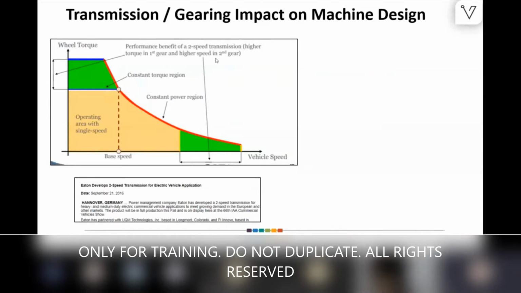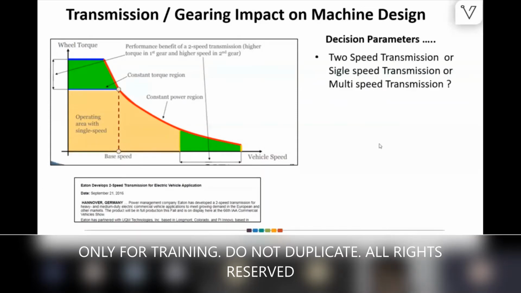Today we mostly have a one-gear system for passenger cars and other cars. That suffices for most requirements, because the electric machine characteristics go well with the vehicle requirement. But you can enhance and optimize. We'll see later how we can do this optimization and what benefits we get out of it.